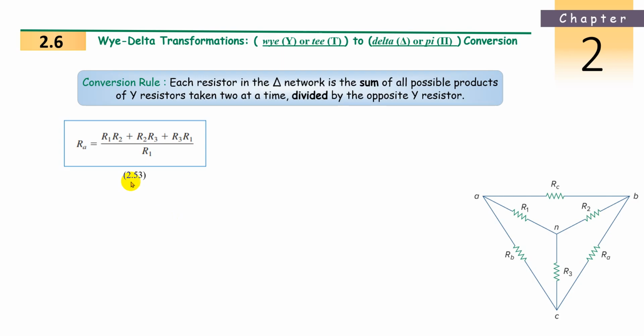In the previous case, the denominator R1 plus R2 plus R3 was common for all the conversions and only the numerator changed.